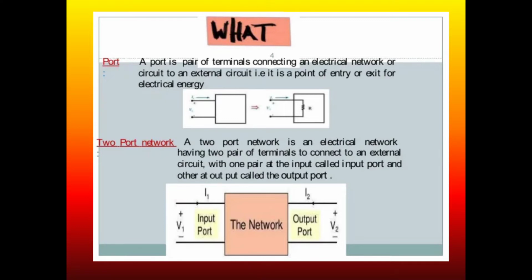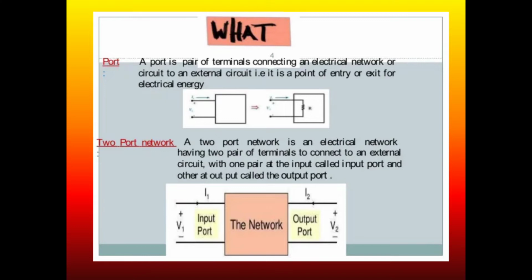Here we have two pairs of terminals, that is 4 terminals. Two terminals for input and 2 terminals for output. So if you have 2 pairs of terminals, it is called a two-port network. One is the input port, another one is the output port.